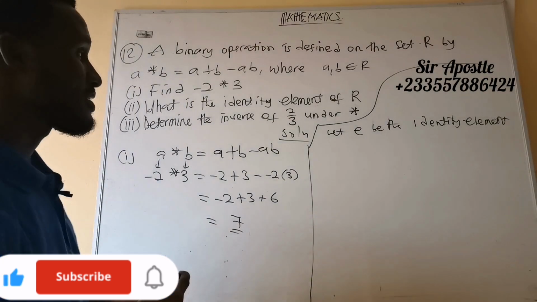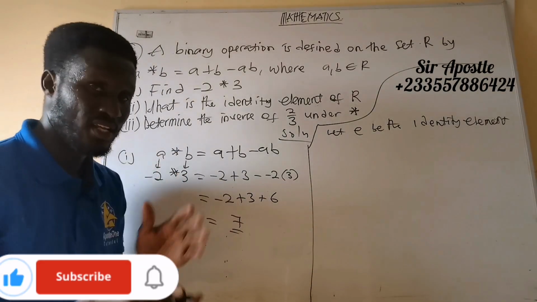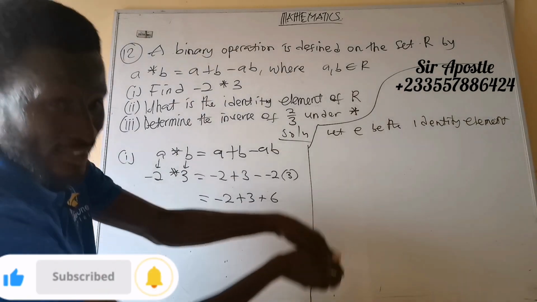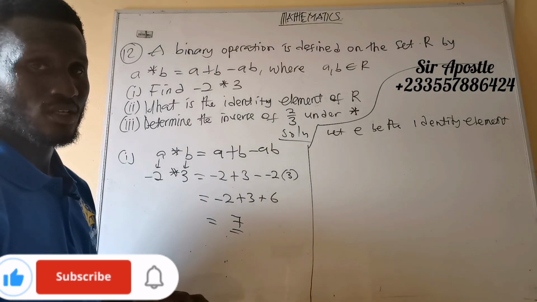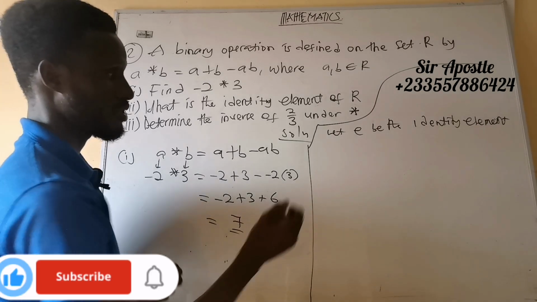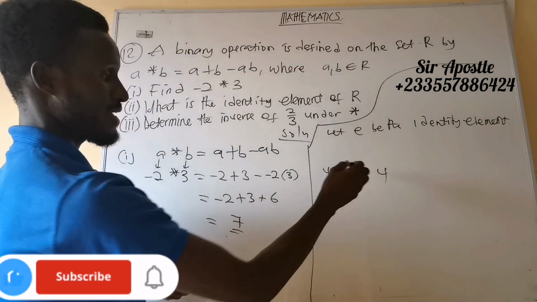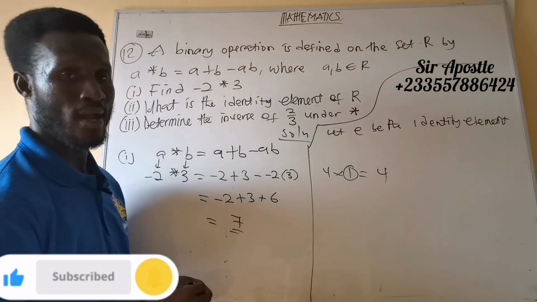We know that an identity element is an element such that when you perform an operation with it, we get the same number. For example, if I have 4 by 1, it gives me 4. The identity here is 1.